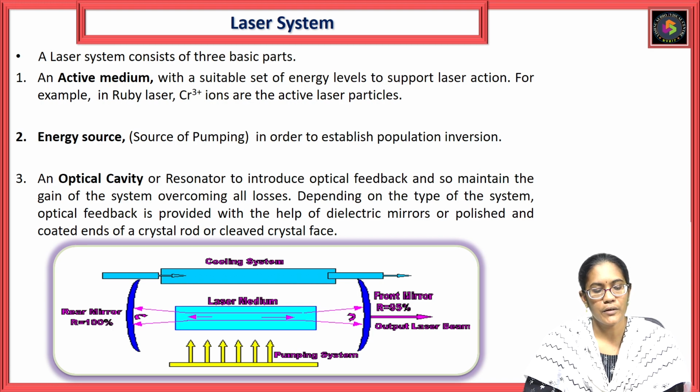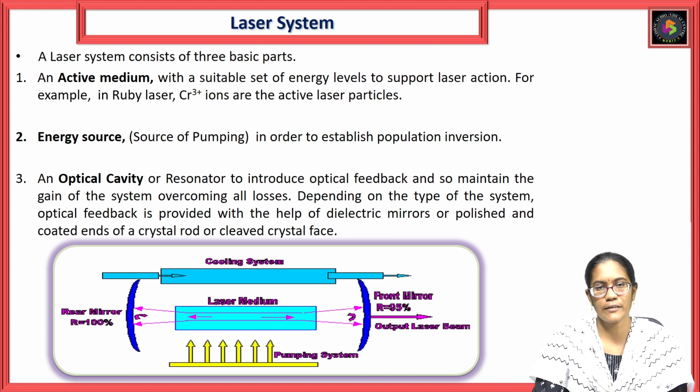The third component is the optical cavity or resonator. It introduces optical feedback and maintains the gain of the system, overcoming all the losses. Optical feedback is provided with the help of two mirrors: one is a fully reflecting mirror, and the other is a partially reflecting mirror.